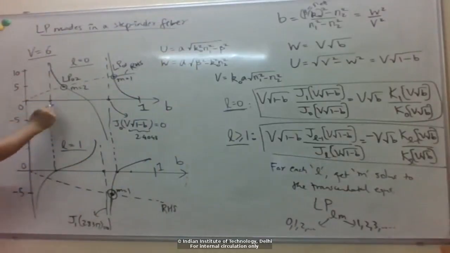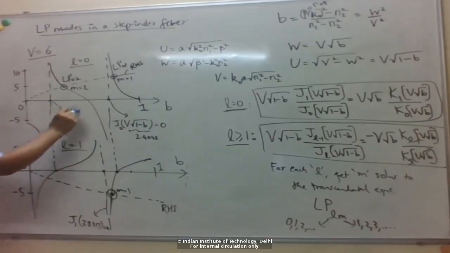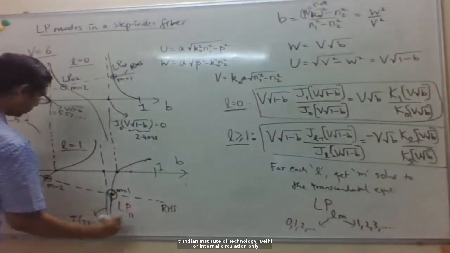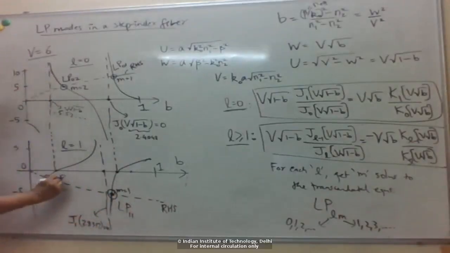Right, so here, this was 5.5 something, right? So that's where it now crosses 0. Then there's another intersection here. Okay, so now these are what? LP11 and LP12.